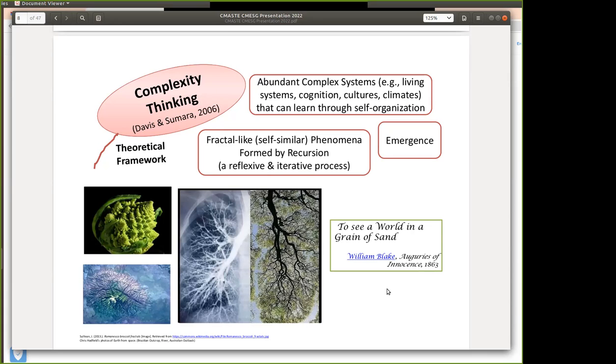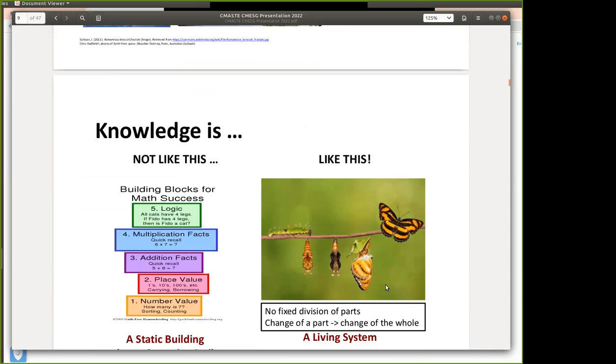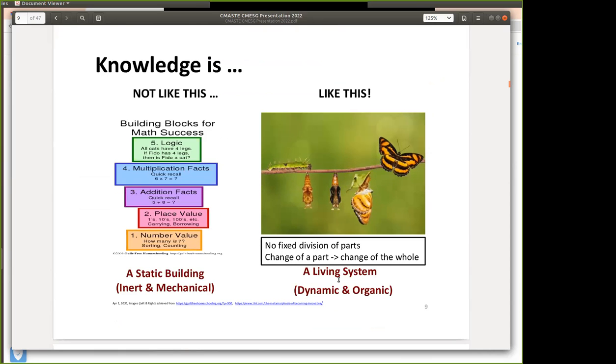Complex systems are formed by recursion. Recursion is a reflexive iterative process, and this is the keyword in my study, and I want to see how it looks in curriculum design and in education. From the perspective of complex thinking, knowledge is not understood as a static building, which is inert and mechanical, made of parts that are fixed.